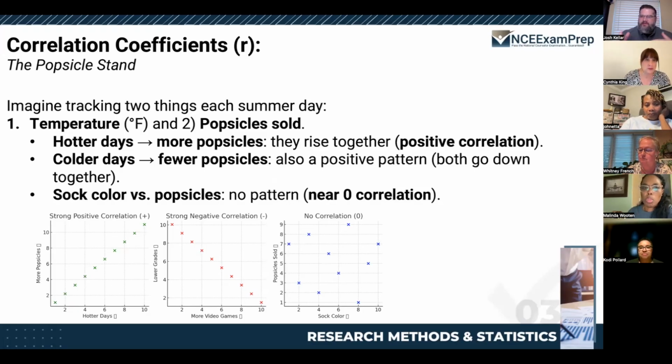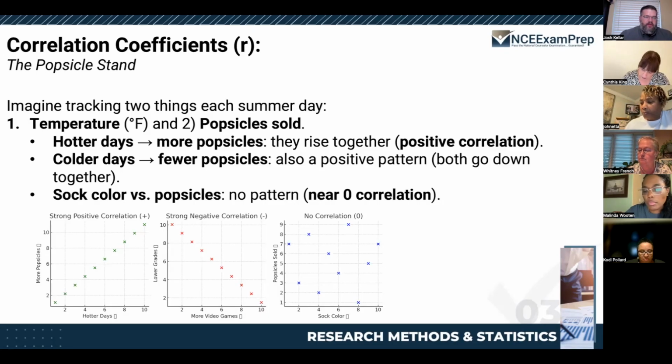They rise together. Temperature goes up, popsicle sales go up. That's a positive correlation. Colder days, fewer popsicles sell. That's also a positive pattern, even though they're both going down, because they're going down together. Remember, I said pay attention to things moving together. So if both things are rising or both things are falling, that's a positive correlation.